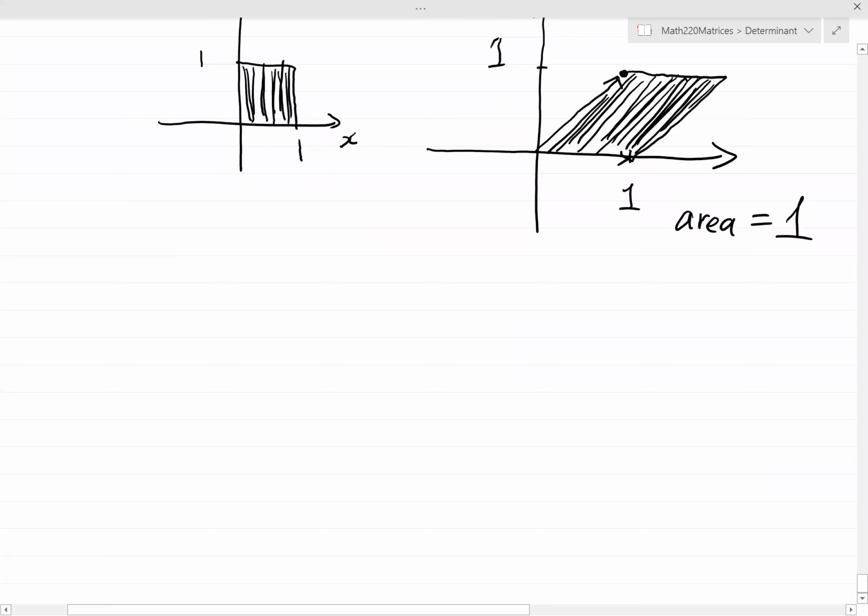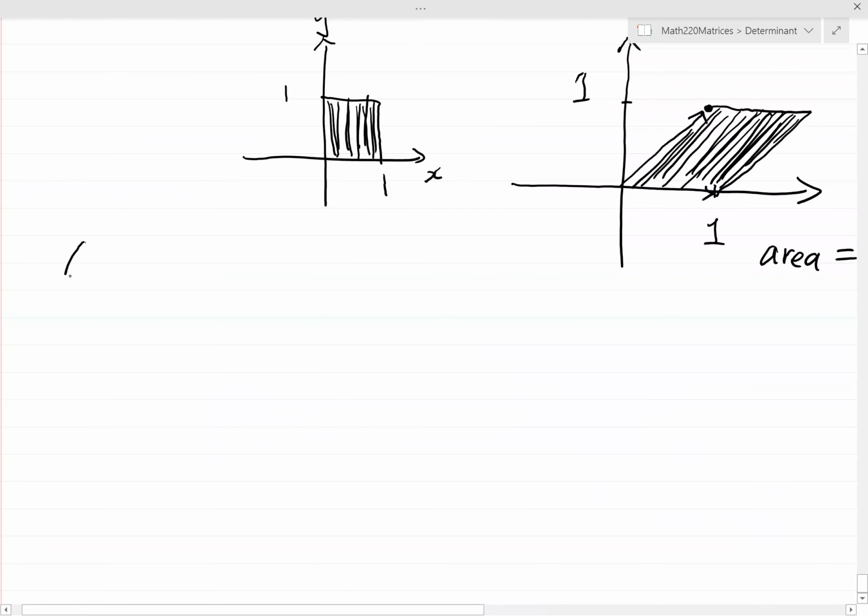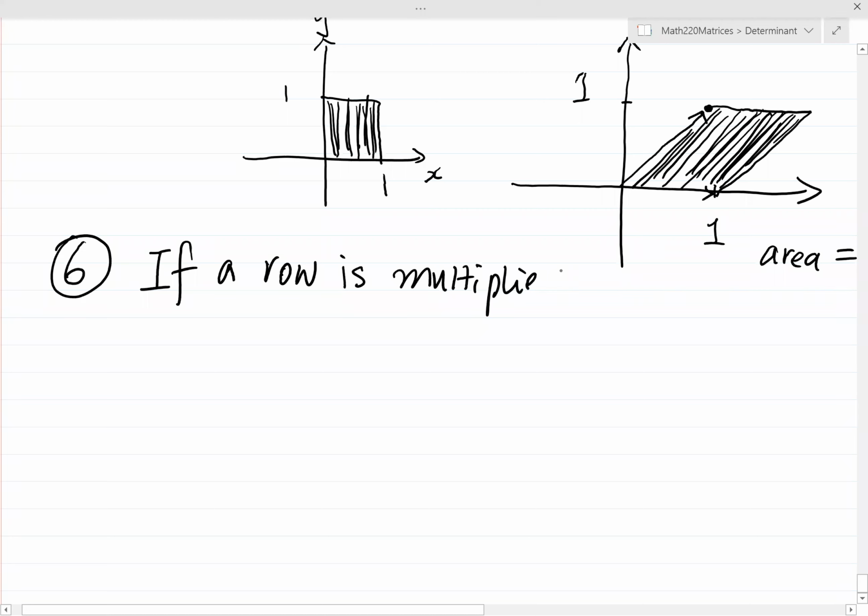Property 6. If a row is multiplied by lambda, then the height is multiplied by lambda, and then the determinant should be multiplied by lambda again.